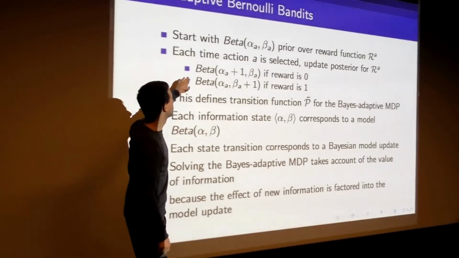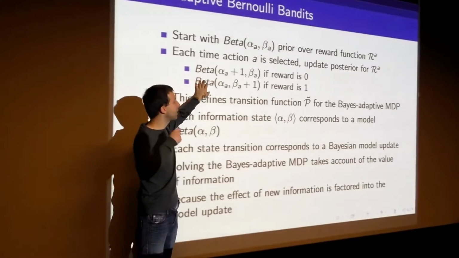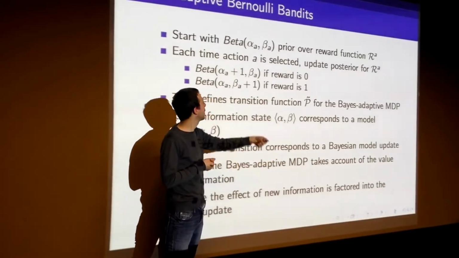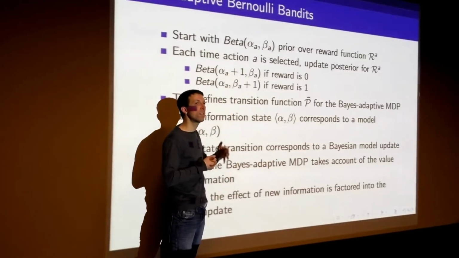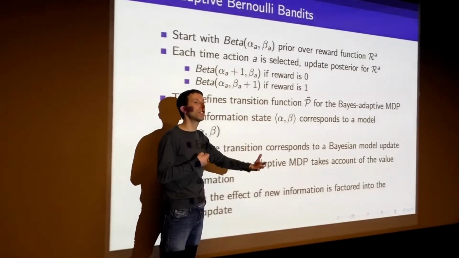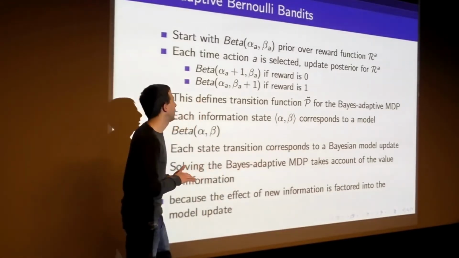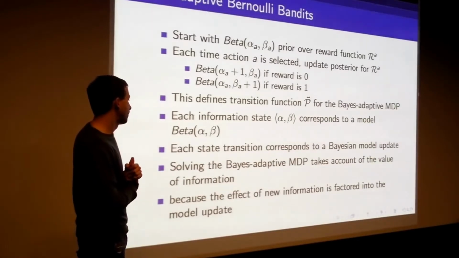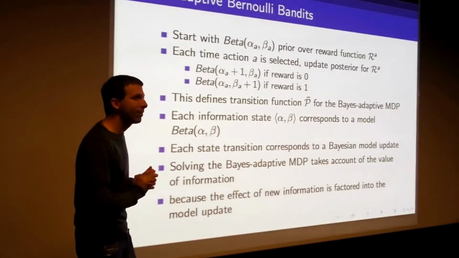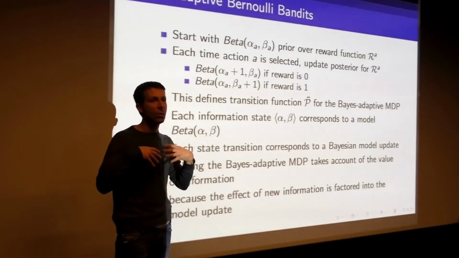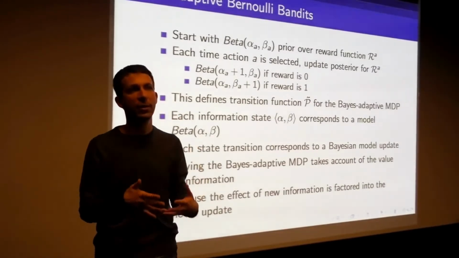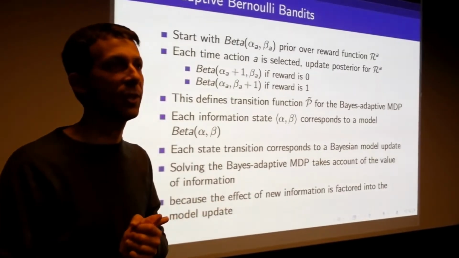Just by writing down the fact that if we succeed, we'll increase our success count by 1, we've defined the transition dynamics of our MDP, and we solve for that MDP. Okay, so this is the Bayes adaptive approach. It's a way to, with a lot of computation, get the optimal solution to the exploration-exploitation dilemma.